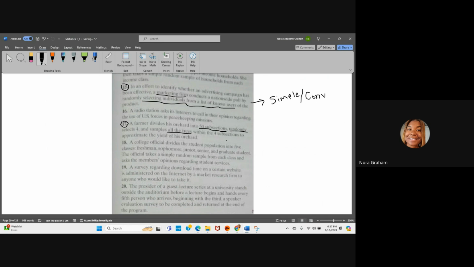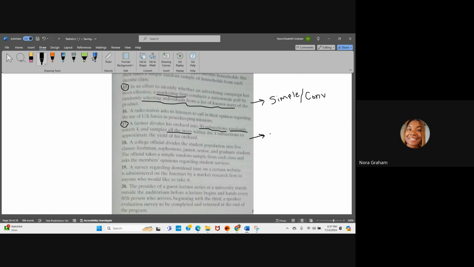Like 50 subsections randomly. Again, that's why I underlined that, randomly selected, and samples all the trees. It's just kind of all over the place. When it seems confusing to try to categorize it, that's going to be a cluster, okay?